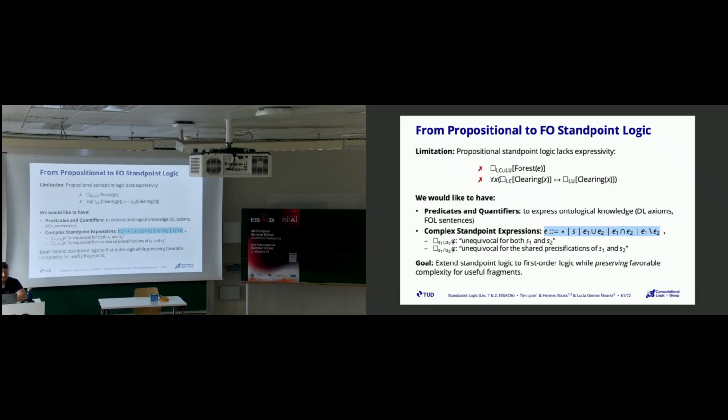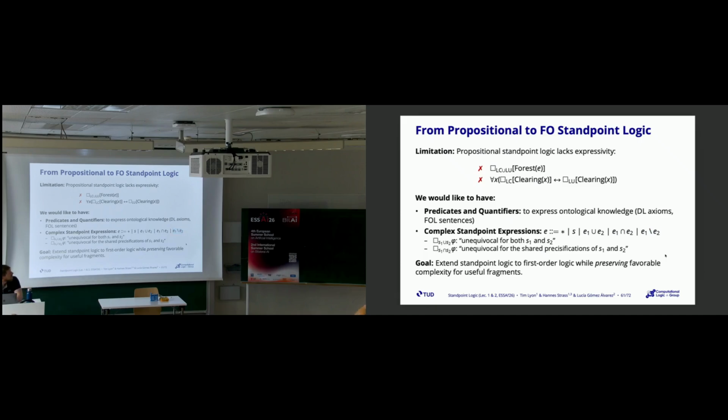Since standpoints are interpreted as types of sets, it makes sense to be able to define these and include these. So we will have in first-order standpoint logic the universal standpoint, again, single standpoints as we had before, but we allow for ourselves to take unions of standpoints, intersections between standpoints, and also the set difference of standpoints.